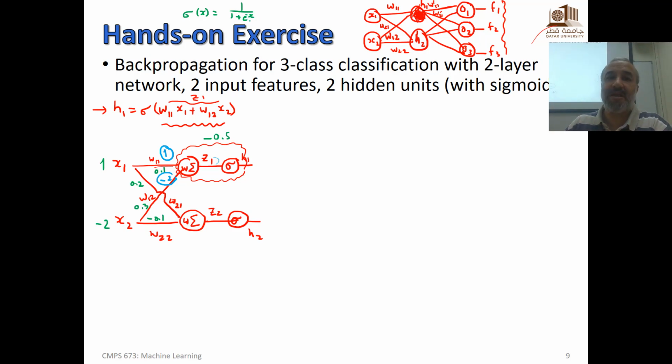Yes, it is e to the power minus x. So sigma of x is 1 over 1 plus e to the power minus x. What will be the value? 0.37. Very good. Now we can compute the local derivative also, right? So what will be the local derivative? Not minus 0.5, but 0.37 times 1 minus 0.37, right? Can someone tell me?